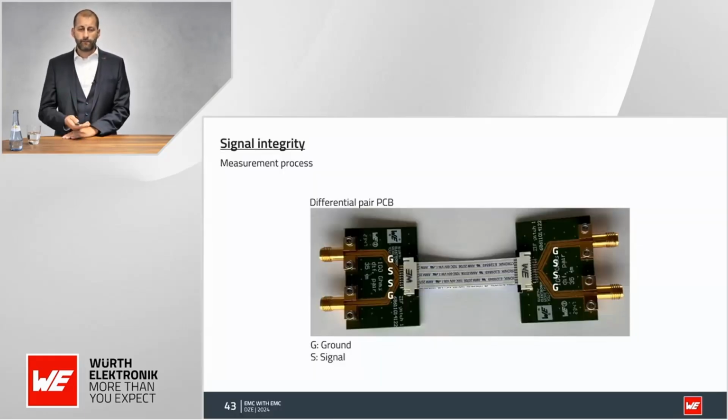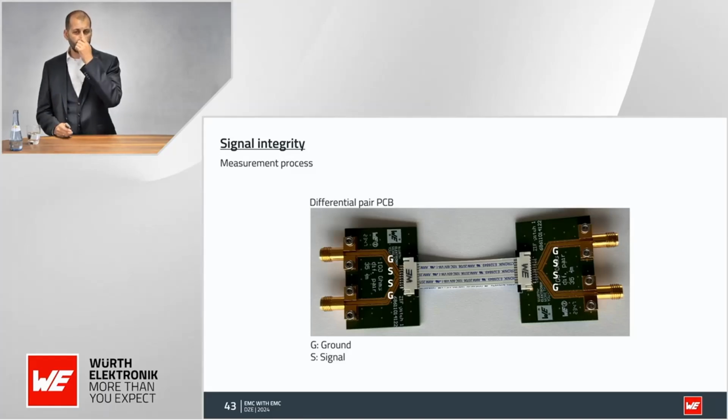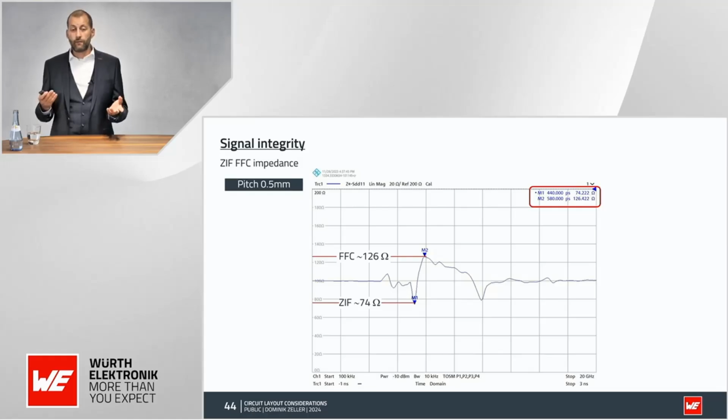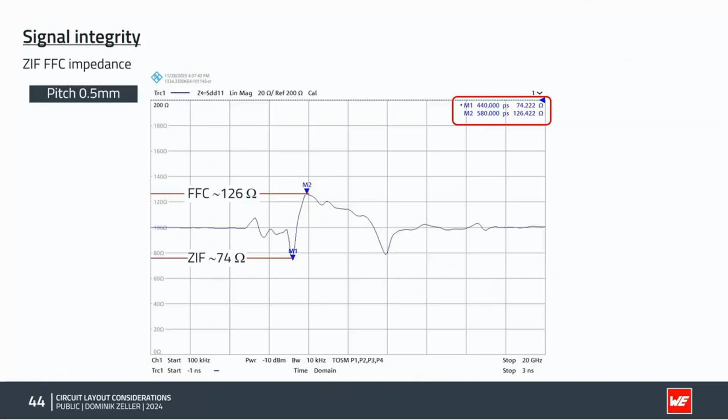And here, a typical setup, differential pair, PCB, impedance controlled. Okay, then we have the CIF connector, we have the FFC cable, and then again the CIF connector. Superb. If we do impedance measurements, well, we see there is a deviation from the expected 100 ohm differential to up to 126 ohm.